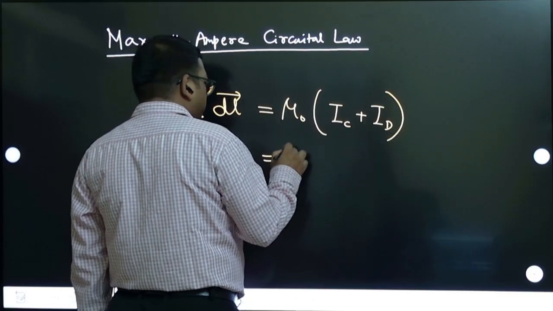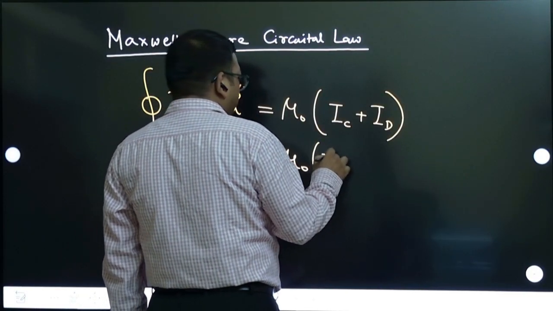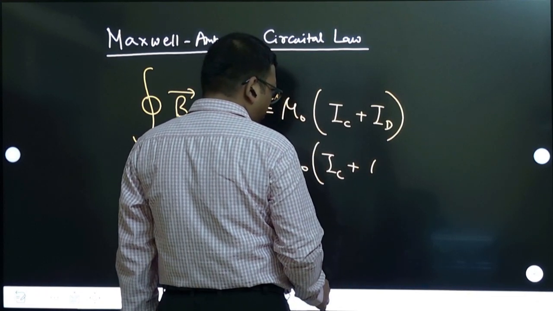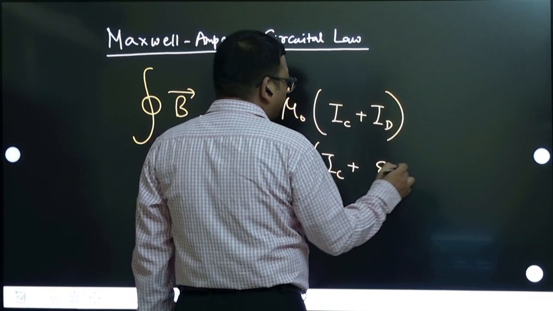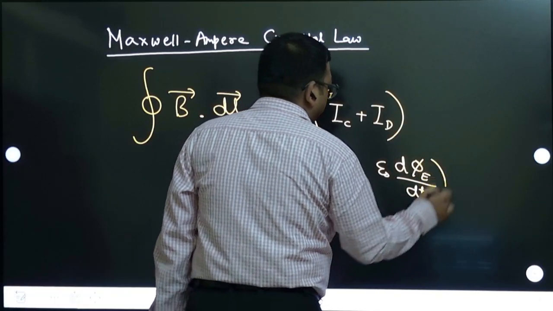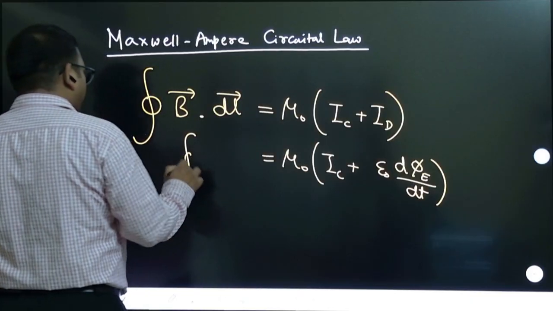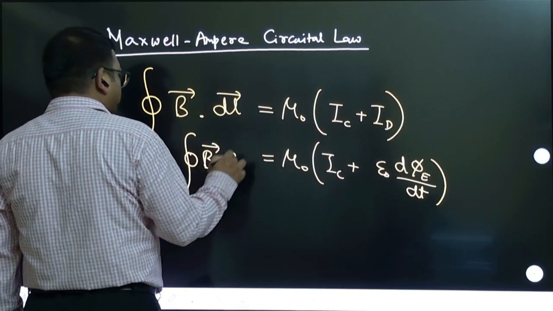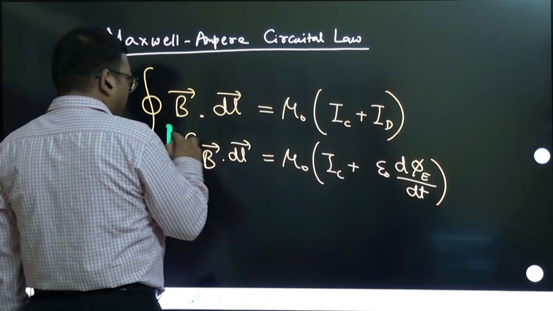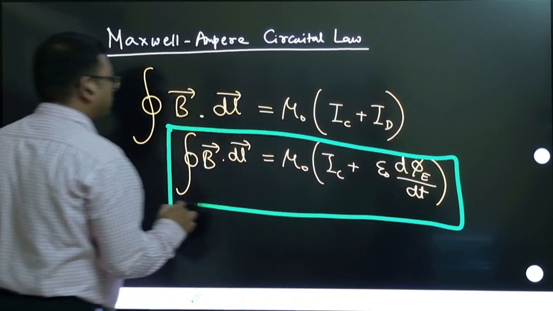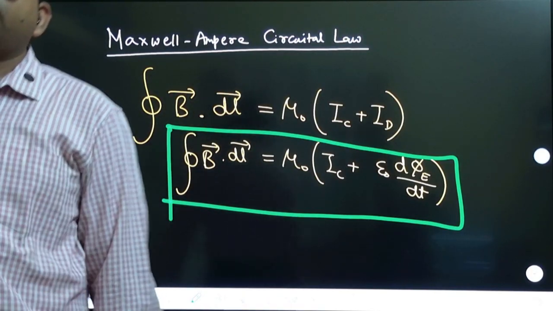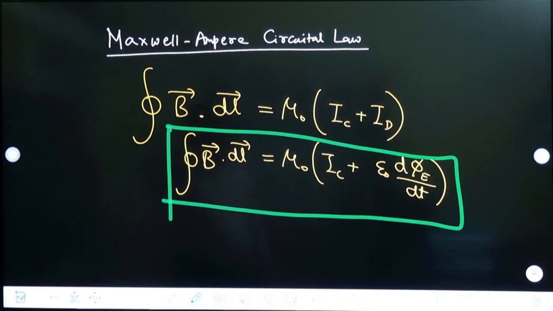You can substitute the displacement current also here, and that becomes epsilon naught d phi E by dt. So that's the total law, the modified version of Ampere's Circuital Law, the Maxwell-Ampere Circuital Law. This is the equation where we are going to use it.